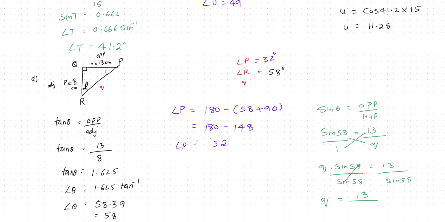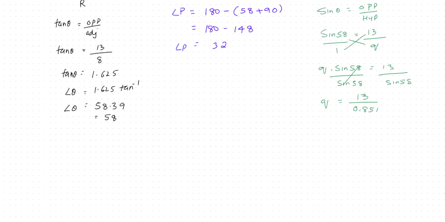Sine 58 comes to 0.851. And it comes Q equals 15.2. So side Q is 15.2.